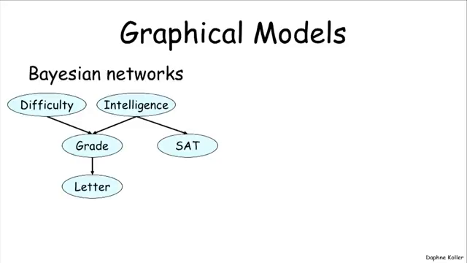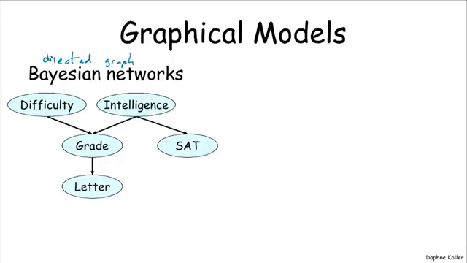So what are graphical models? Let's look at a couple of very simple examples. So here is a toy Bayesian network, one that will accompany us through much of the first part of this course. A Bayesian network is one of the two main classes of probabilistic graphical models, and it uses a directed graph as the intrinsic representation here.